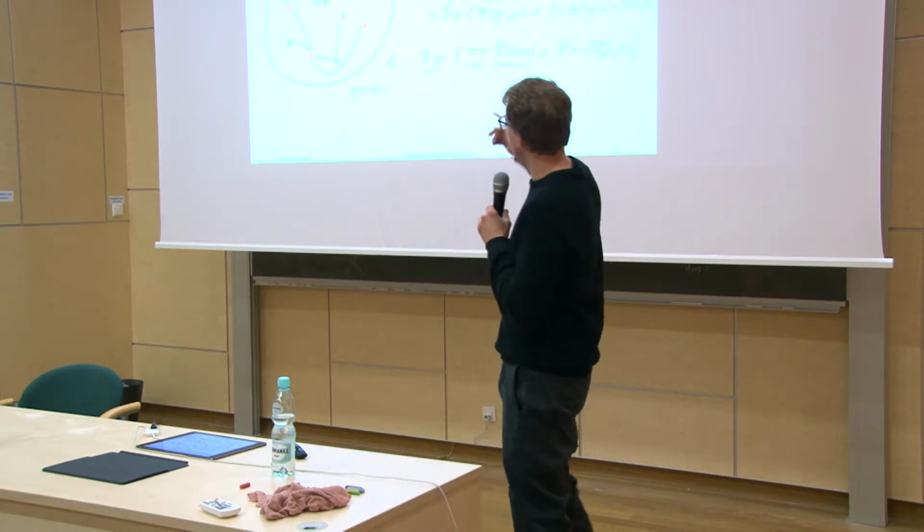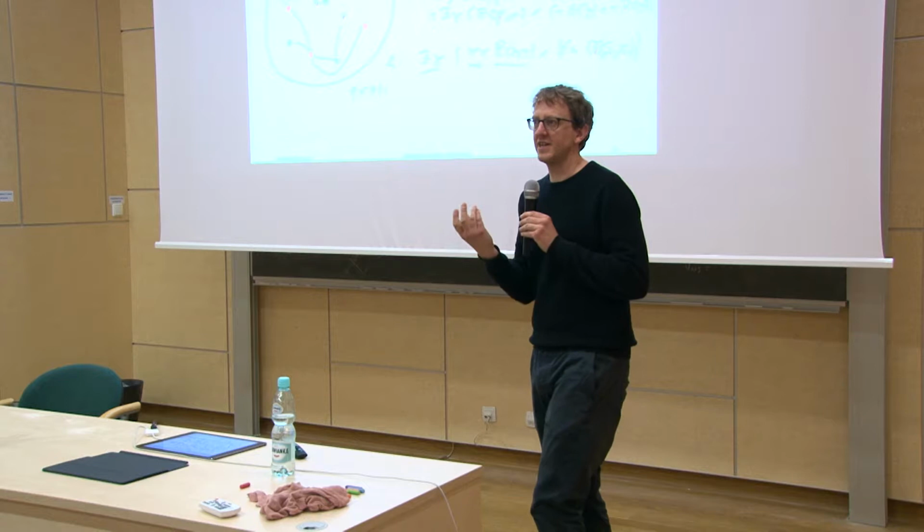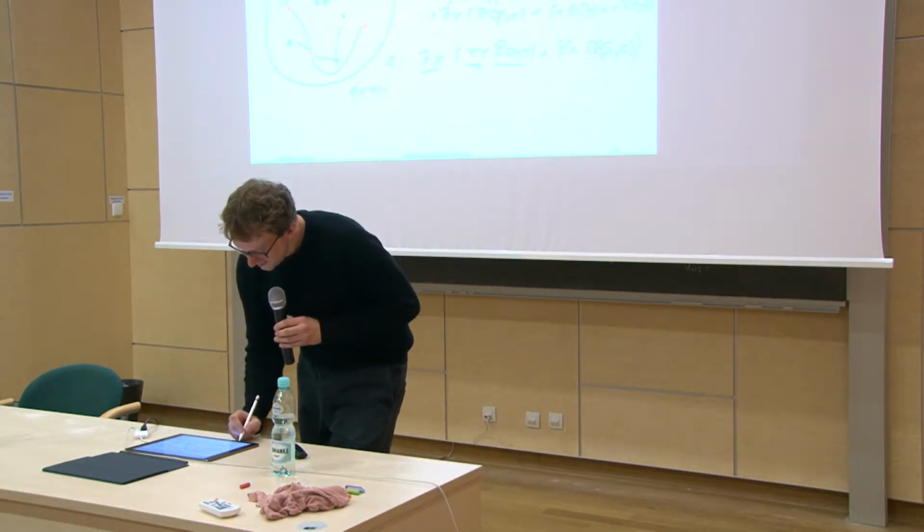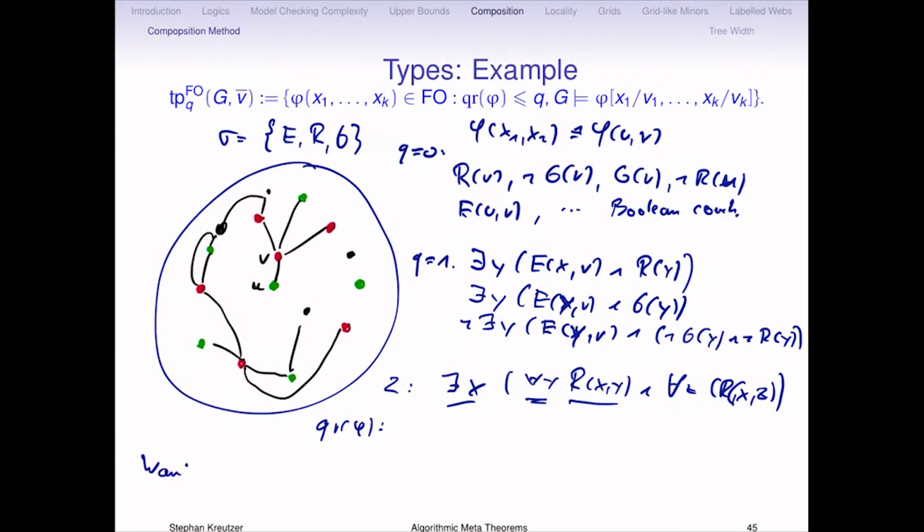And it doesn't really matter at all how I define these types. What I want is the properties. For every fixed value of q, the number of different formulas of quantifier rank q is finite. Yeah, that's the only property you actually need.